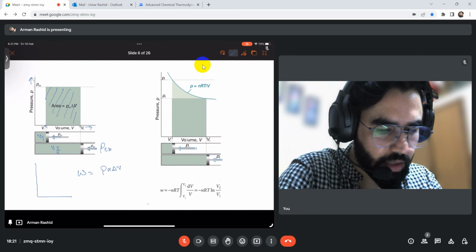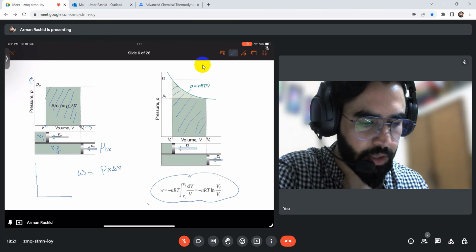But for an isothermal expansion of a gas where the external pressure is changing, we still take a pressure as a function of volume plot, and we integrate, and the area under this curve will determine the work done. For ideal gases we get this equation, minus nRT ln of V final by V initial.